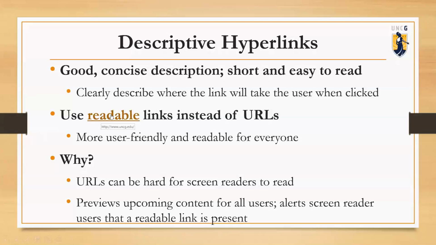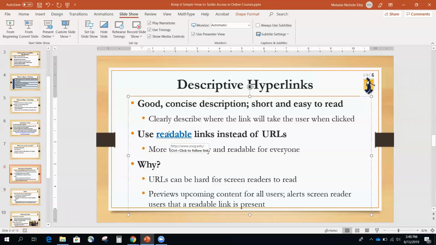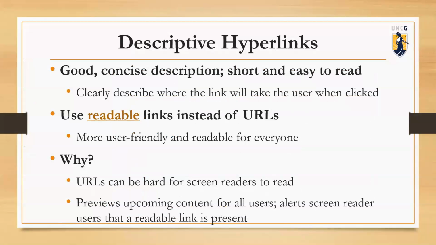Now, I could have, of course, put the URL in that place, but it's much easier to read, particularly for those who are using a screen reader. It's much more useful if it is actually a readable link.